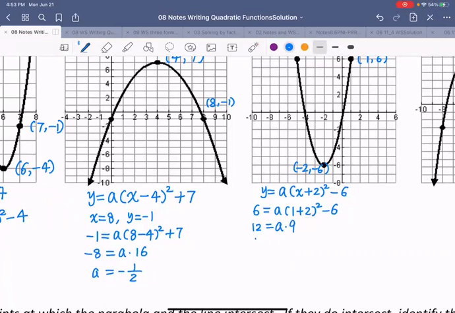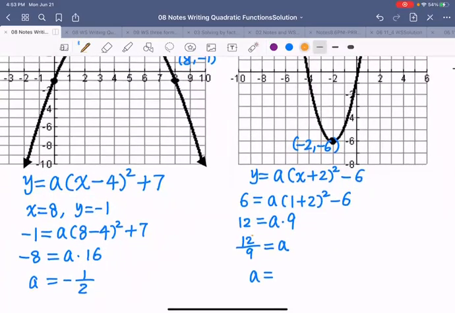Divide by 9 for both sides. How much is a? 12/9. You can simplify. 12 divided by 3 is 4. 9 divided by 3 is 3. This equals 4/3. Does this make sense to you? Yes.